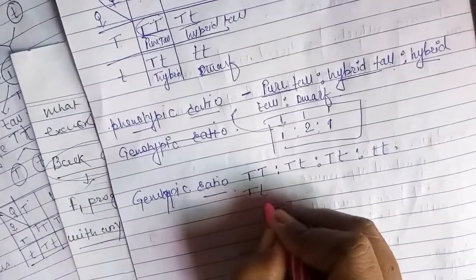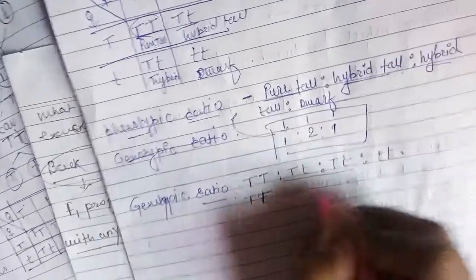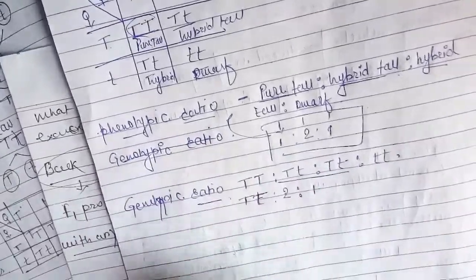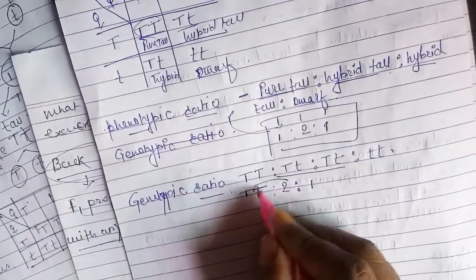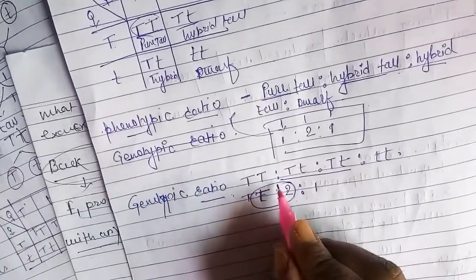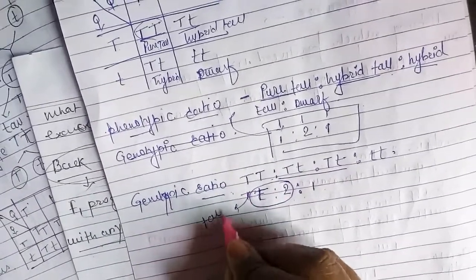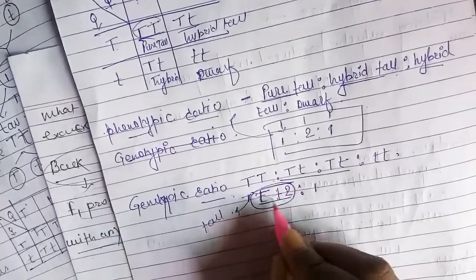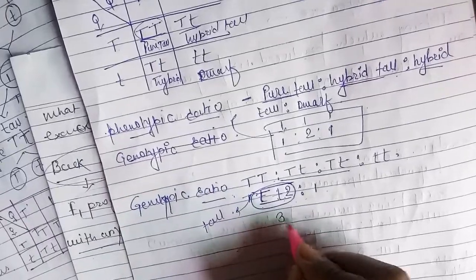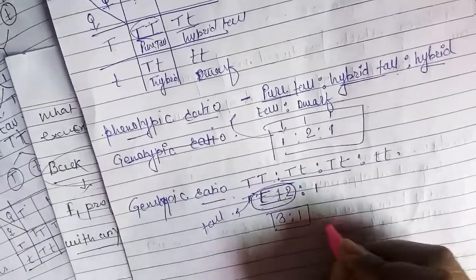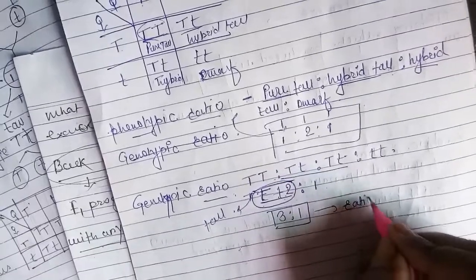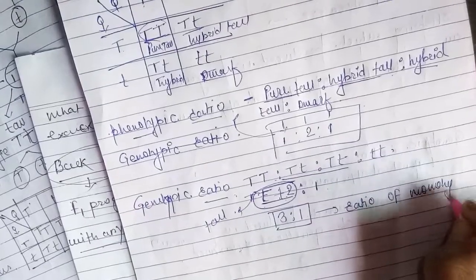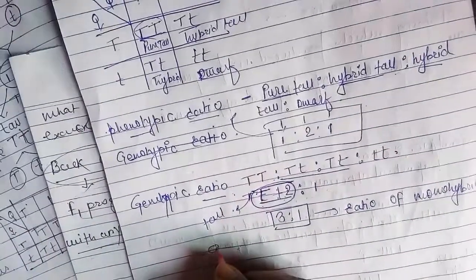Capital T capital T is 1, capital T small t is 2, and small t small t is 1. Combined, this is denoted as tall, so they add to each other, that is 3:1. It is one of the ratios of a monohybrid cross.